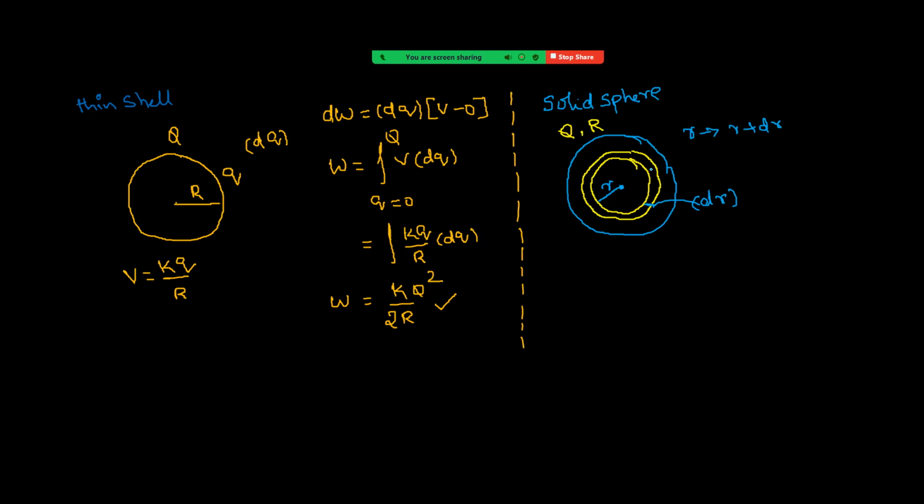And we can see charge now in this volume. I will mark that volume. See how much it is. Again, the same process we are going to take here. Work done is equal to integral.